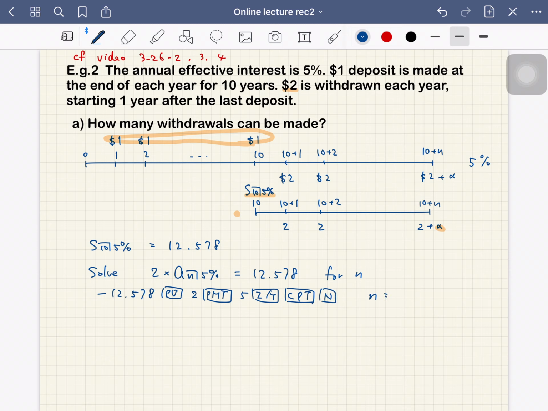Then you get n is equal to 7.738 years. So that means 7 payments will be made, so 7 withdrawals, and some amount remains still in the account.